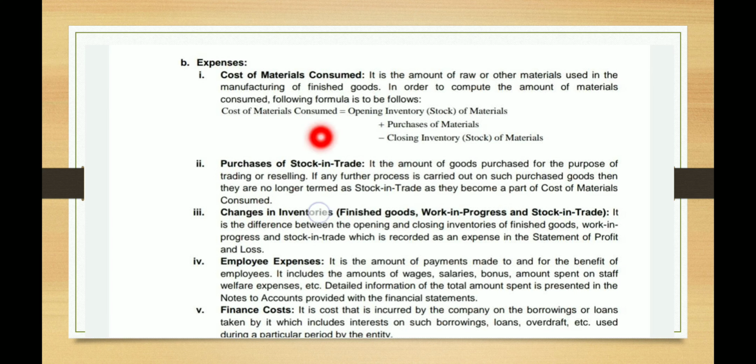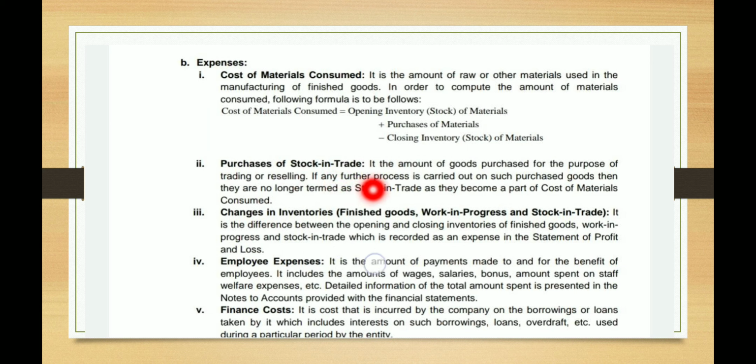Purchase of stock in trade is the amount of goods purchased for the purpose of trading or reselling. Whatever goods you produce are based on raw material; you have to convert raw material into useful goods, and for this you have to purchase raw material, and it is included in stock in trade.